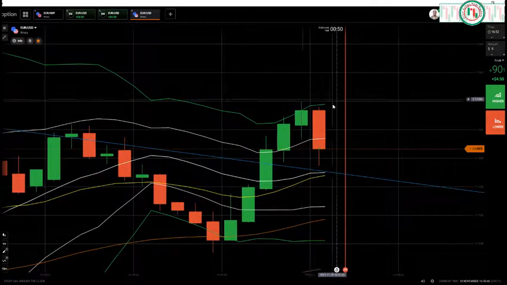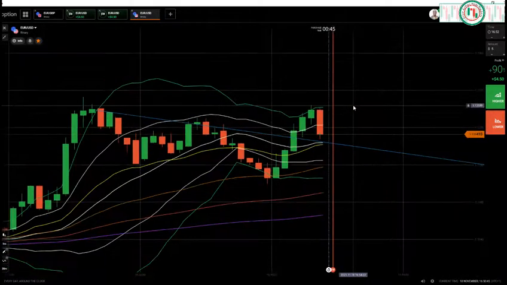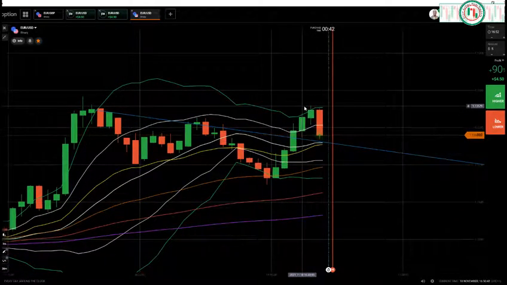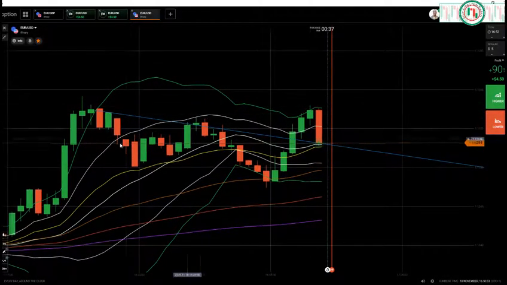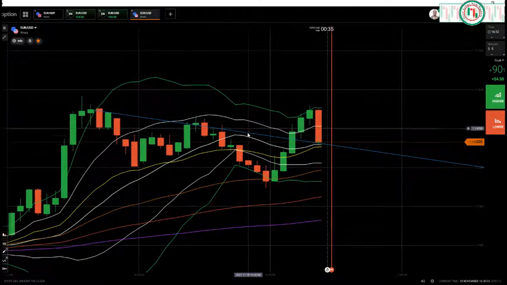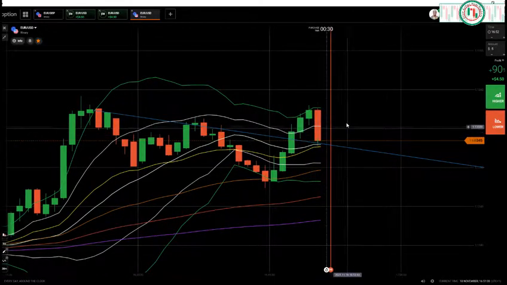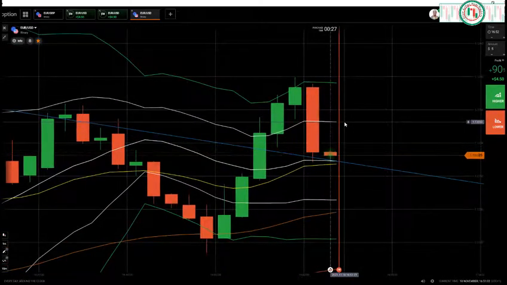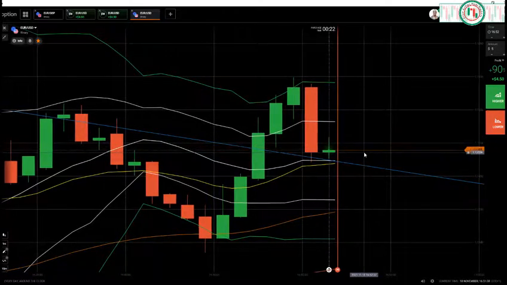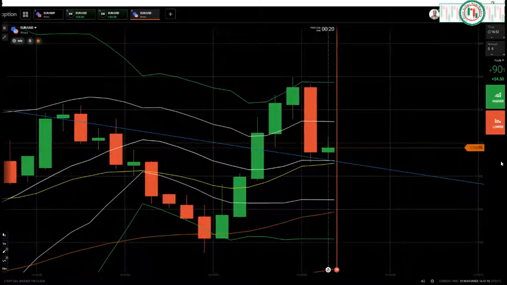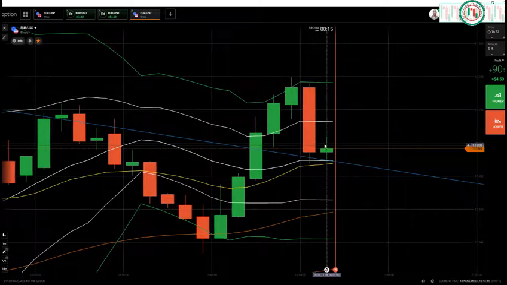You see a reversal pattern, an engulfing candle from the Bollinger Band. But it has touched this trend line. It has touched the trend line and rejected, so I will wait maybe for the confirmation.